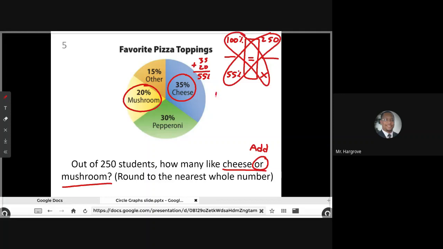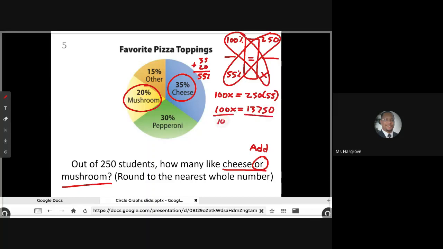So 100 times X is 100X equals 250 times 55, which equals 13,750. Same process.